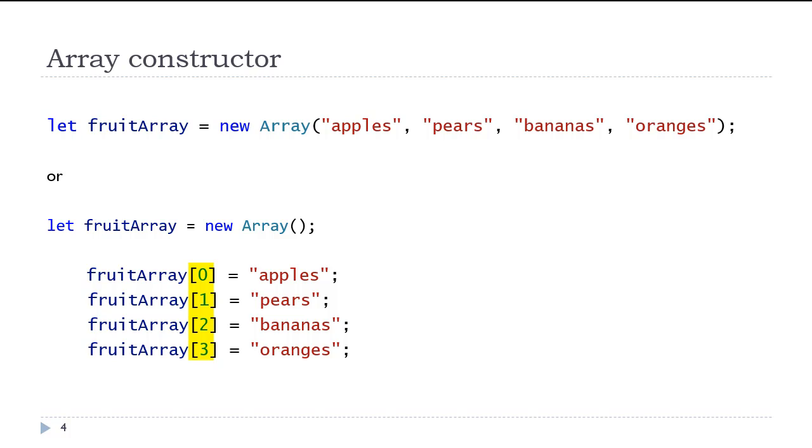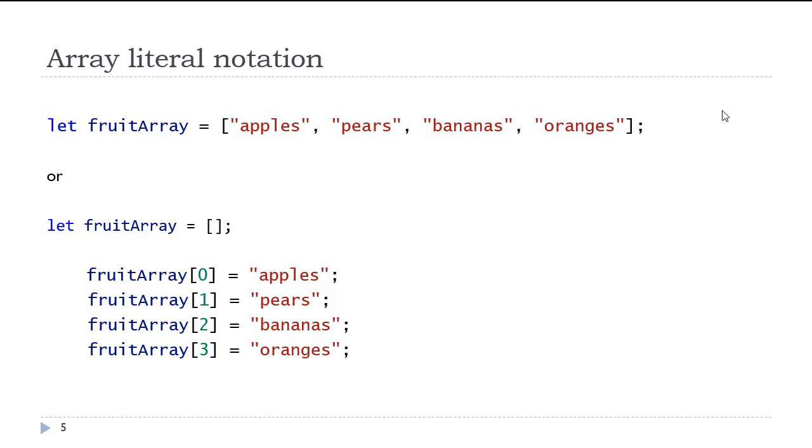The only time you will ever see brackets being used in JavaScript are with arrays. So when you see them, it is referring to an array or an array element. Now we will do the same thing using the array literal notation. Here we are declaring our variable fruit array, and we are assigning it the values inside the brackets.